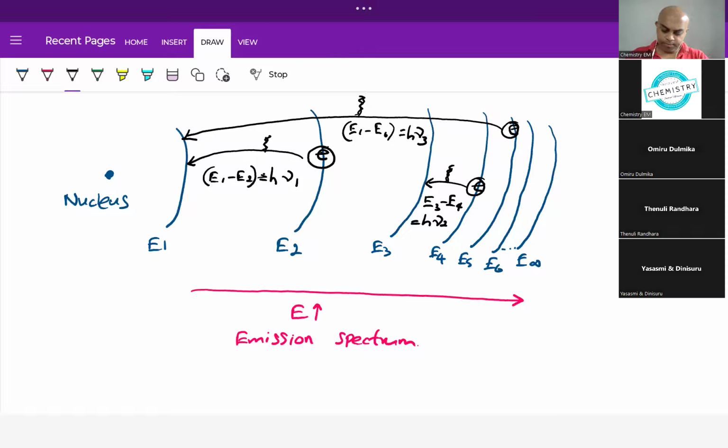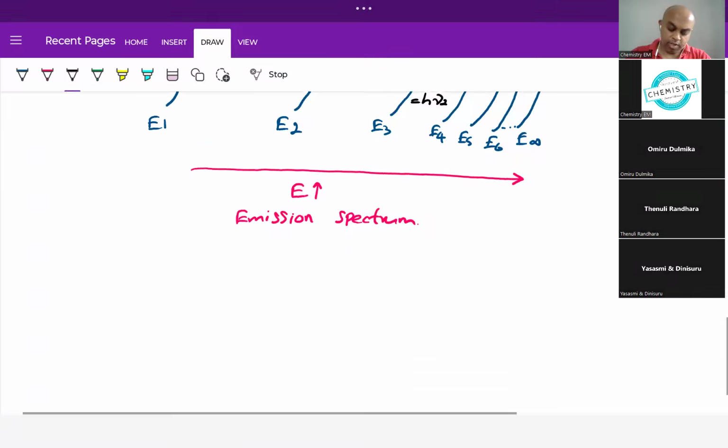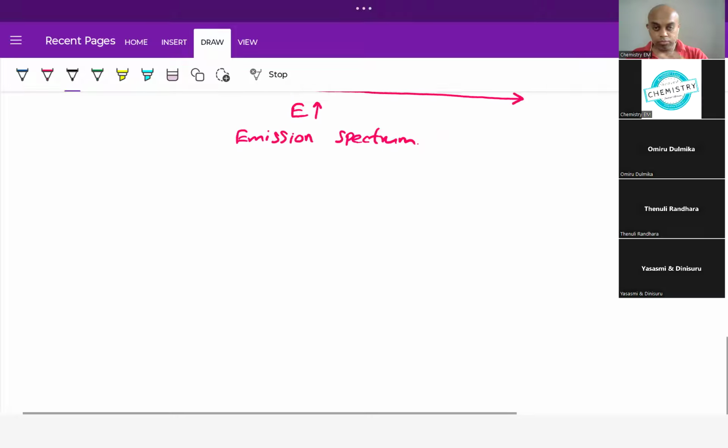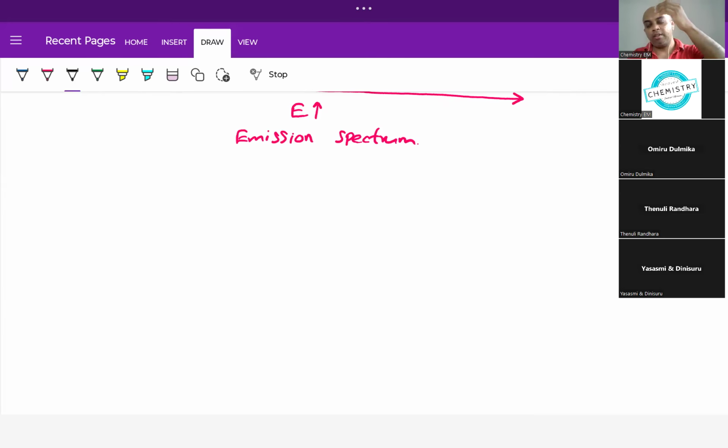Now let's say we are explaining it further. Now I'm talking about the emission spectrum, not the absorption spectrum. That means the electron is in the higher energy levels. When an electron is coming from high energy levels to lower energy levels, it is releasing energy.